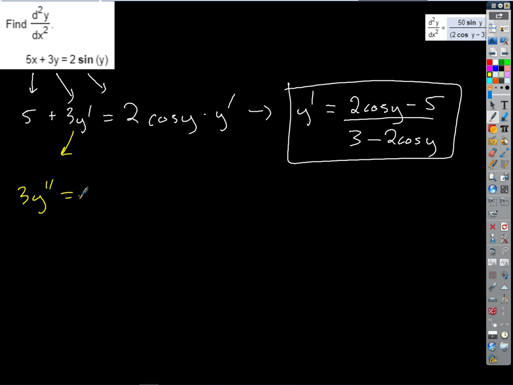On this side, let's just wrap the 2 with the cosine y, like that. Okay. And so we're going to get a product rule, aren't we? That's like my u, and that's like my v, and I've got a product rule.